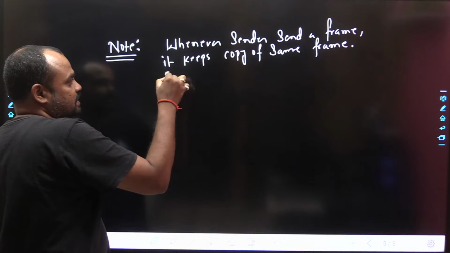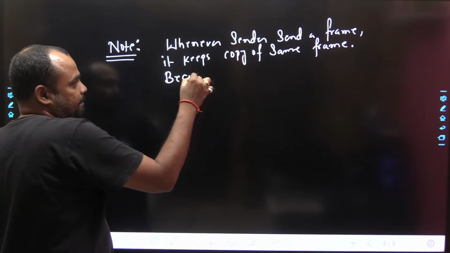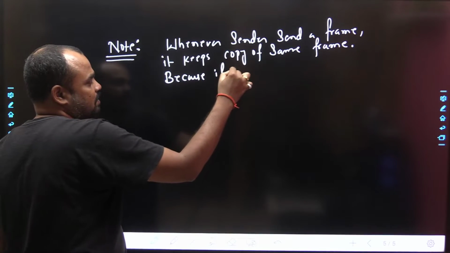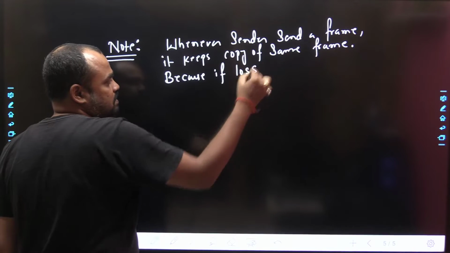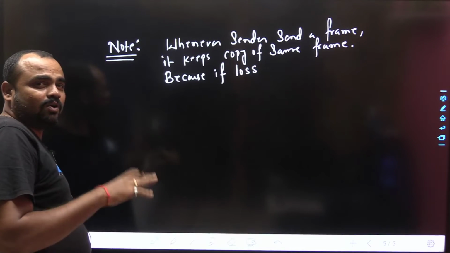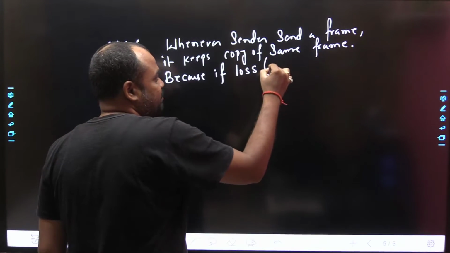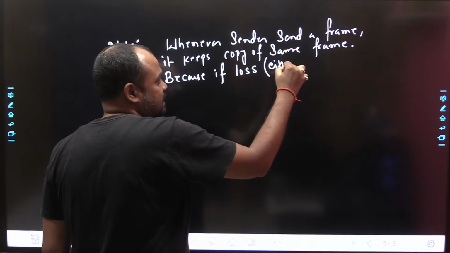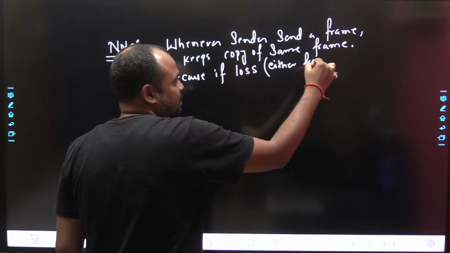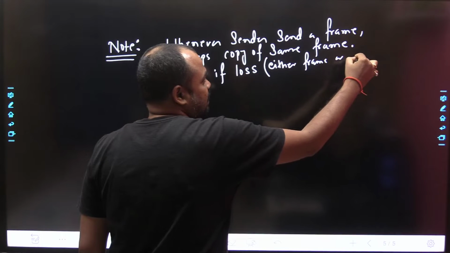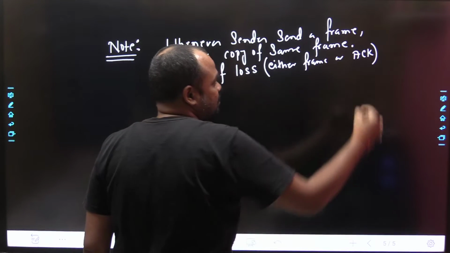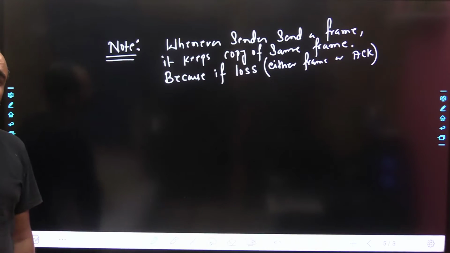Because if loss happens, whenever we use the term loss, it simply means either the frame or the acknowledgement, because either the frame could be lost or the acknowledgement could be lost.